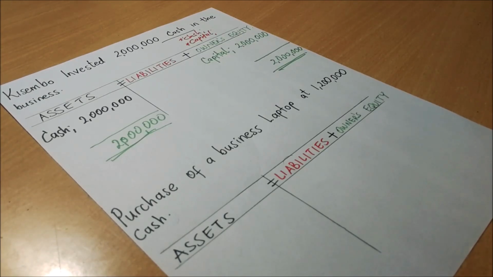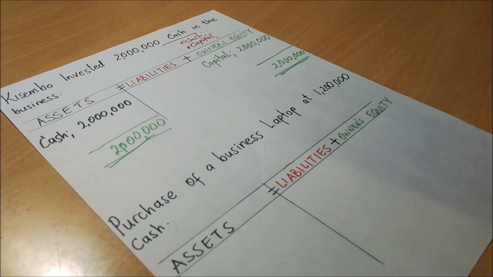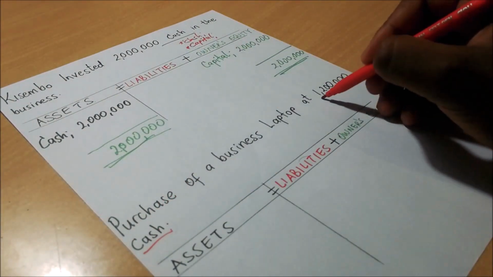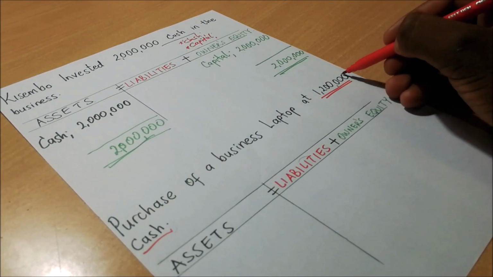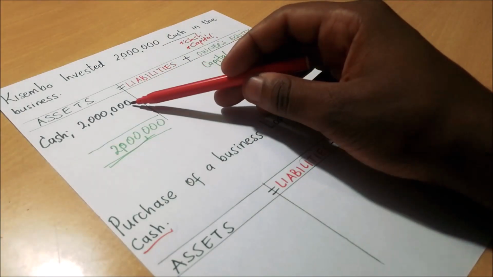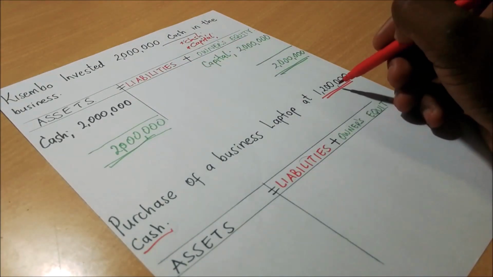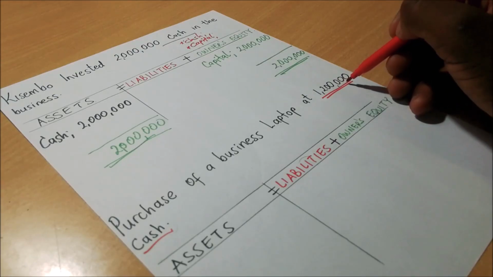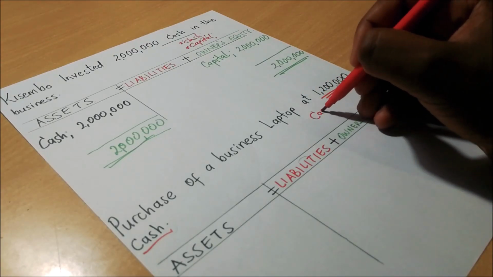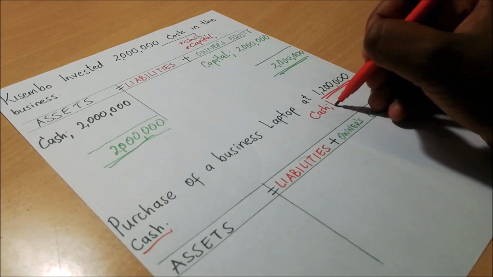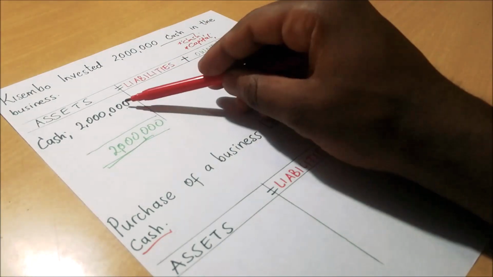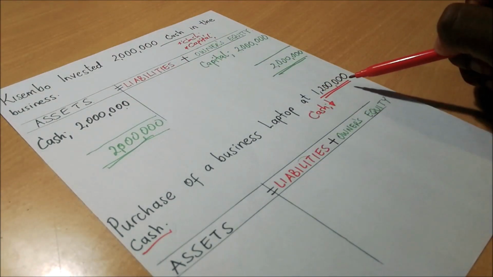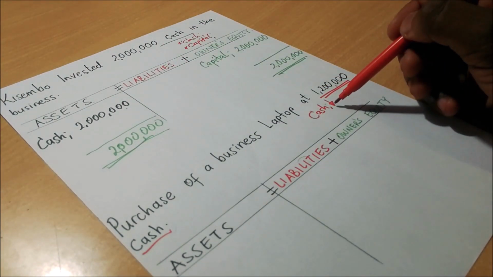You'll find that the two accounts that have been affected, we have cash that is worth 1.2. So in other words, we got this cash and we bought a laptop worth 1.2 million. So it means that cash is going to reduce, because we are going to use this cash to buy a laptop worth 1.2 million. So cash is going to reduce.